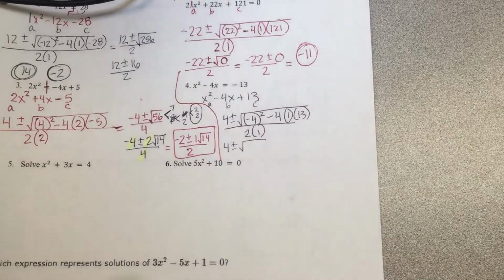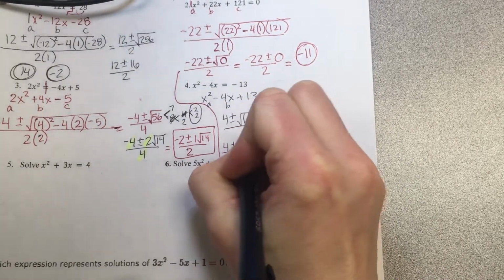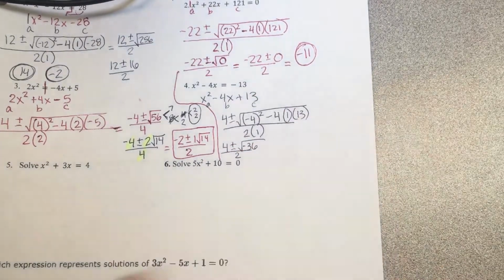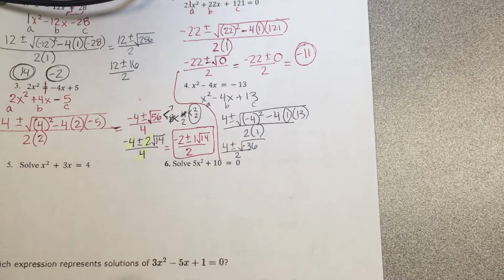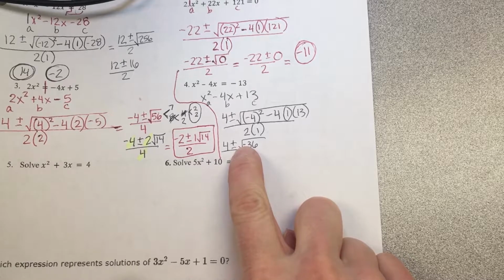All right, then I would type some stuff in my calculator, whatever's under the square root. Anybody already got that? Yeah. Negative 36, okay. And 2 times 1 is 2, okay. Okay, whenever there's a negative under the square root, pop out an i, okay?